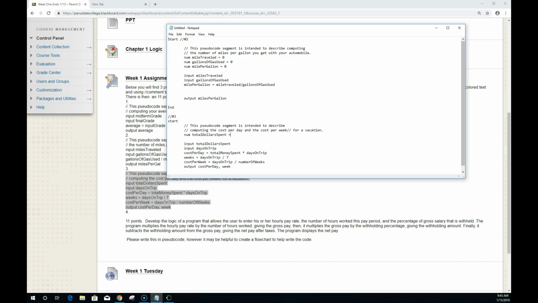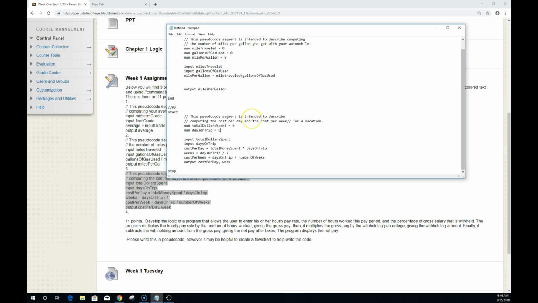I'm going to set that equal to 0, just so we don't have any garbage in there. And then the next line of the program tells me we have one about days on trip. So num days on trip. Again, I'm going to set it equal to 0, because I don't know what else is in that computer, what's been used on it. And it looks like we have another variable that says cost per day.